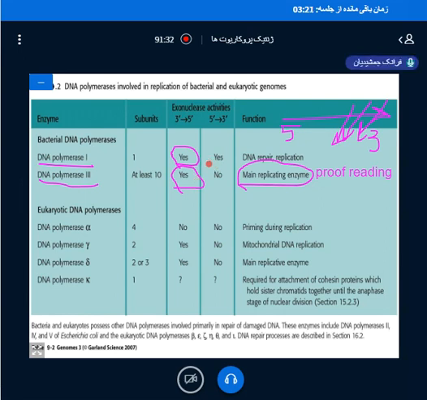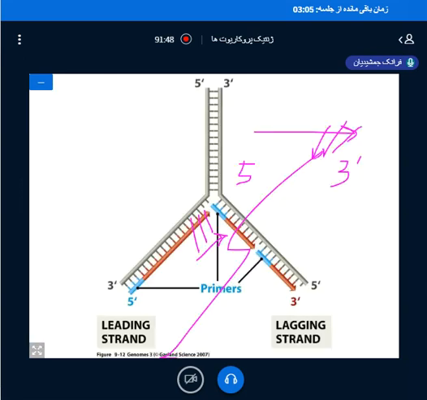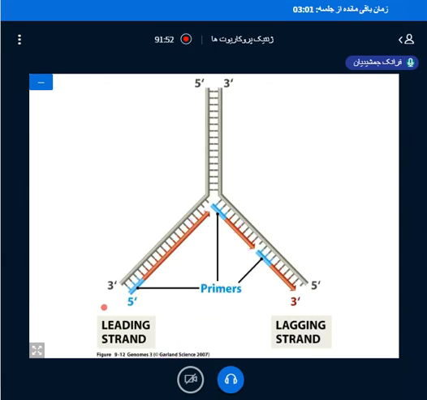If enzymes have 5' to 3' exonuclease activity, look at here, DNA polymerase 1 has 5' to 3' activity. What does it mean? Look at here, 5' to 3' exonuclease. It can remove from 5'.